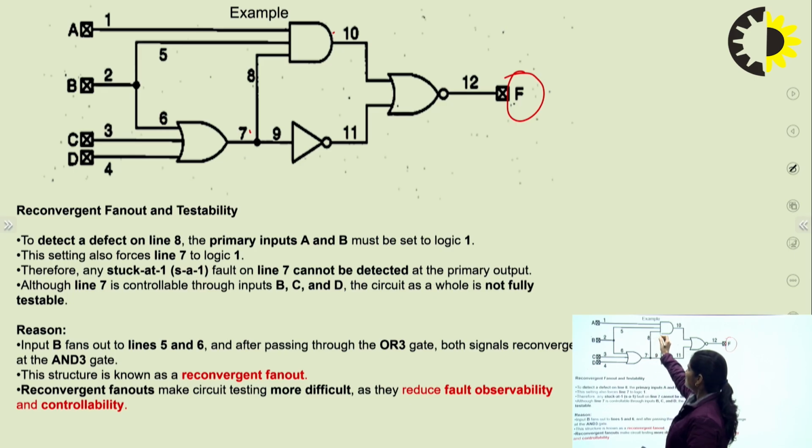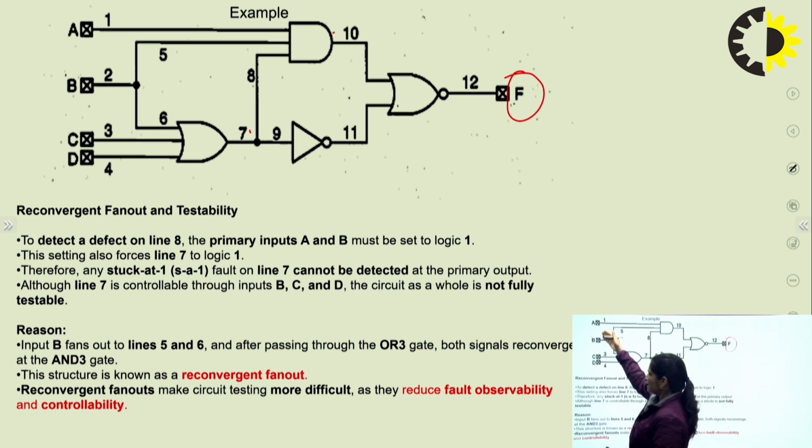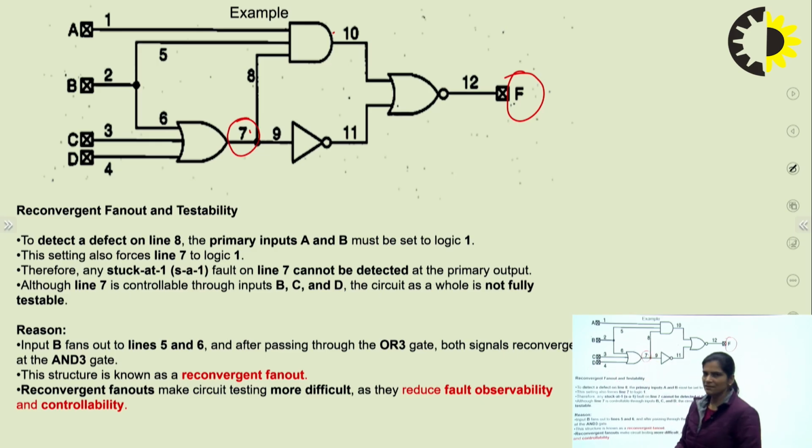We can get this input of the AND gate from the output of the OR gate, and it depends on all these inputs. So we can test this circuit when we know the inputs A, B, C, D. If we know inputs B, C, D, then we can find the output 7 of the OR gate, and if we know this, then we can get output 11.